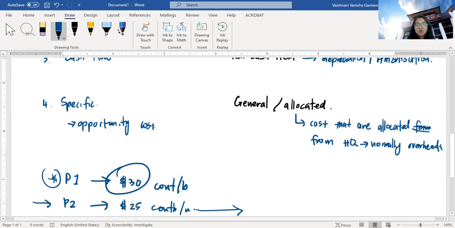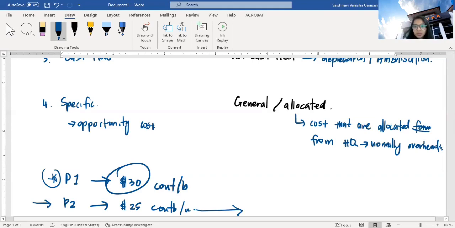This is your contribution loss, and this is also the cost that you need to incur as a result of taking the next best option. I hope you're very clear about opportunity costs, but you must be able to clearly define and understand it.